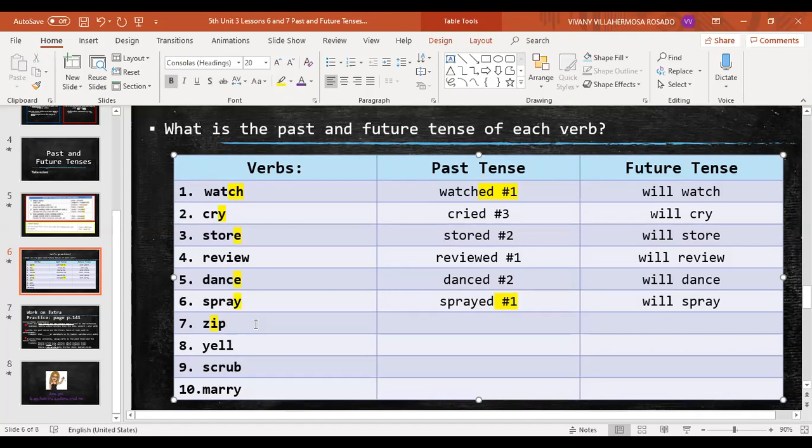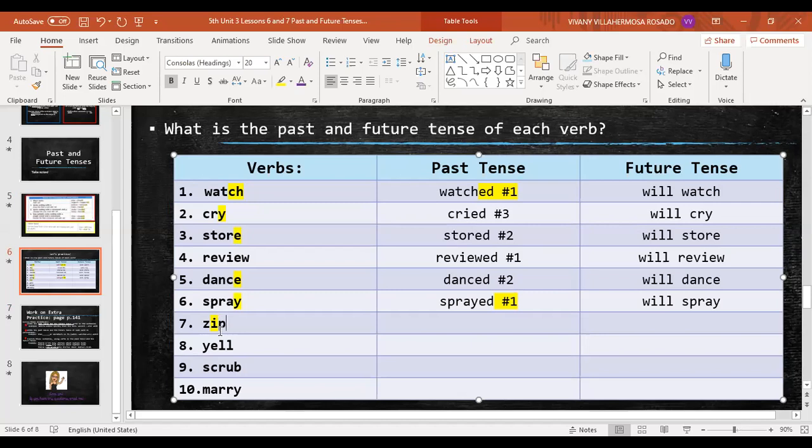There's one more thing that I have to look for. I have to look and see if it ends in vowel consonant. Does it end in vowel consonant? So we have consonant, vowel, consonant. Yes, zip also ends in vowel consonant.